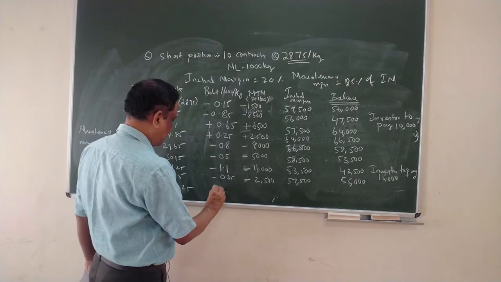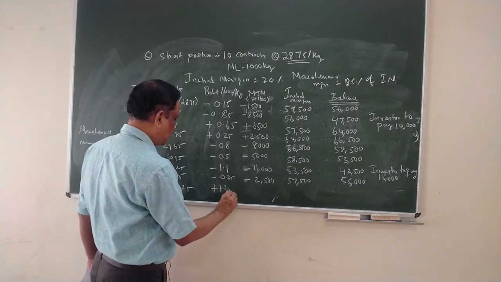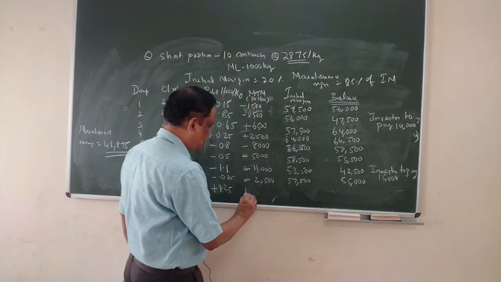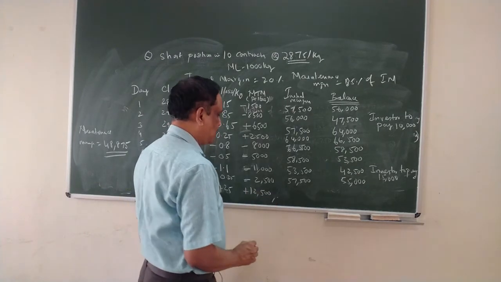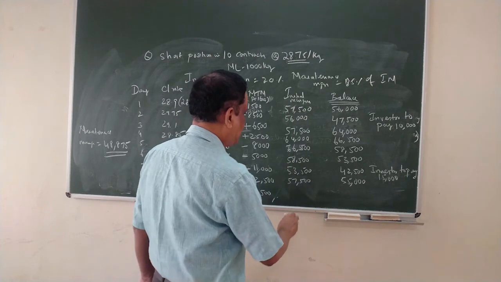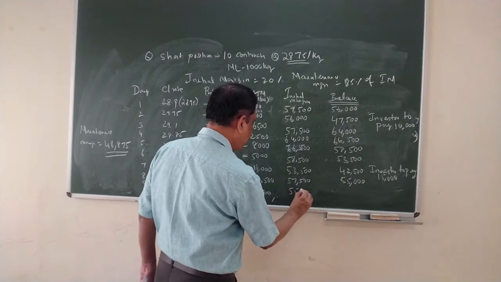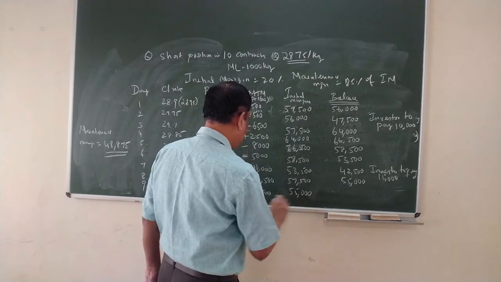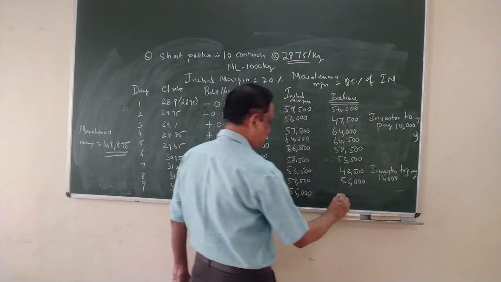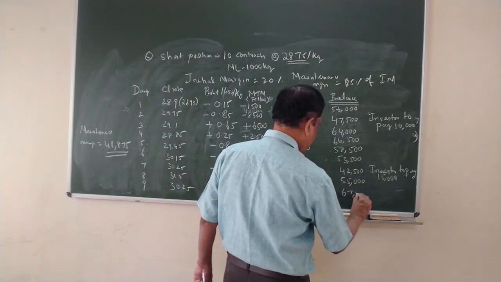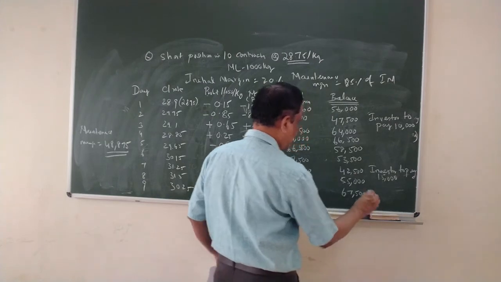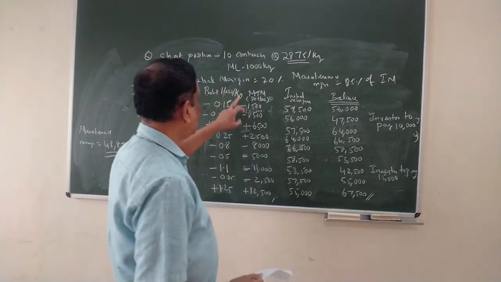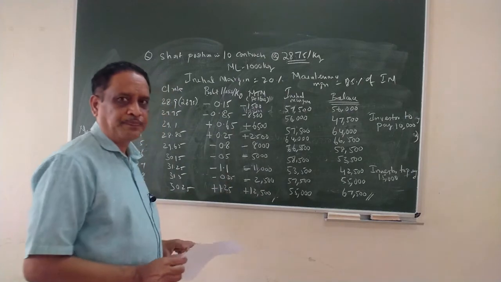So that is a profit of 1.25. It means he makes a profit of 12,500. The available margin is 55,000 plus 12,500, which is 67,500.